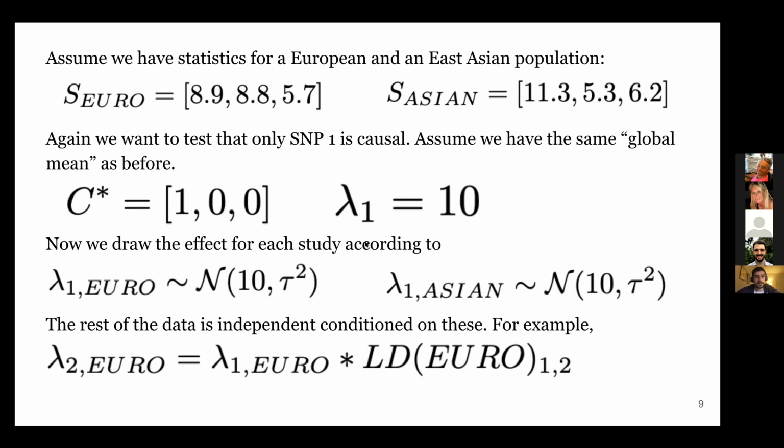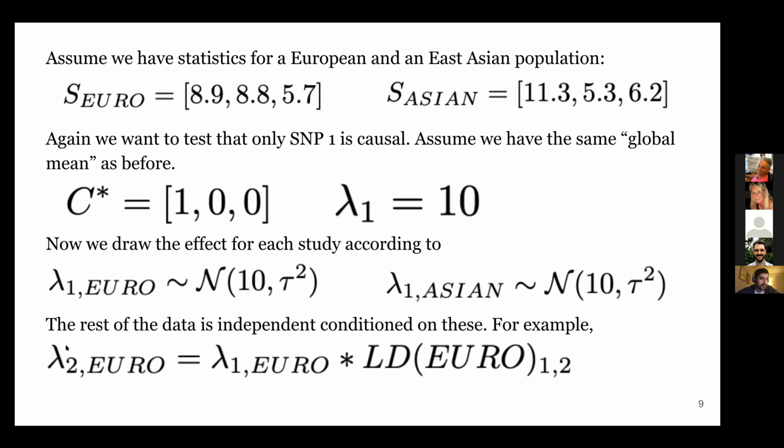So now we draw the effect size for each study according to the following. So lambda 1, for SNP1 in the European population, is drawn around this global mean with this heterogeneity parameter tau squared, and the effect size for SNP1 in the Asian population is drawn again around the global mean with this variance tau squared. And then the rest of the data is independent conditioned on these.